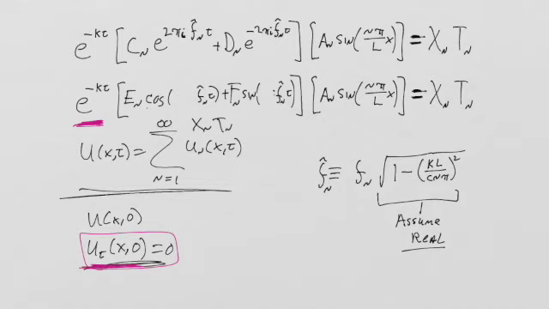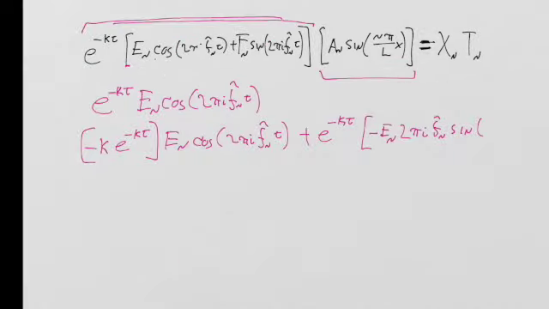I don't know how I missed that, but 2 pi and 2 pi. There's no i there, and likewise there's no i here, and there's no i there. 2 pi and 2 pi, like that.